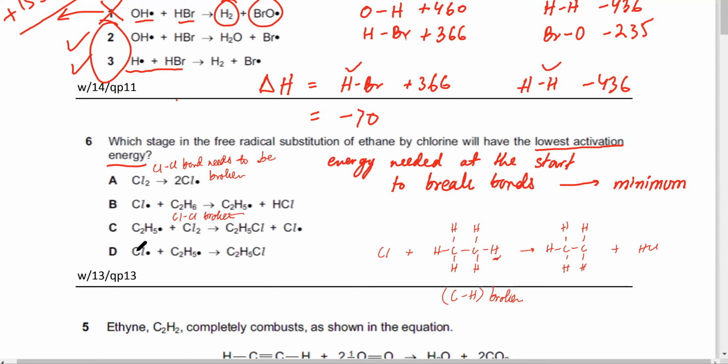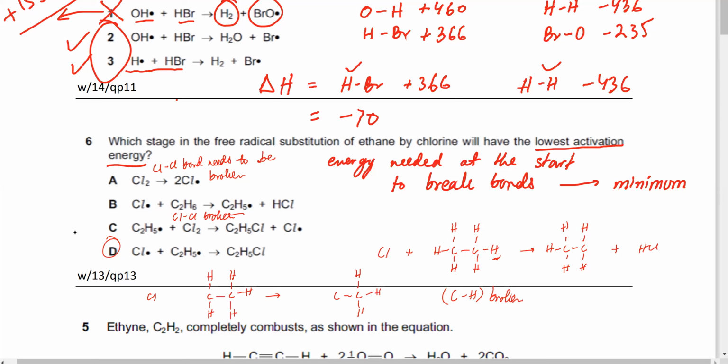But have a look at this last reaction, number D. What you would notice is that there's a single Cl atom and there's a C2H5 molecule. So this is C2H5. And the product is that the two get together.